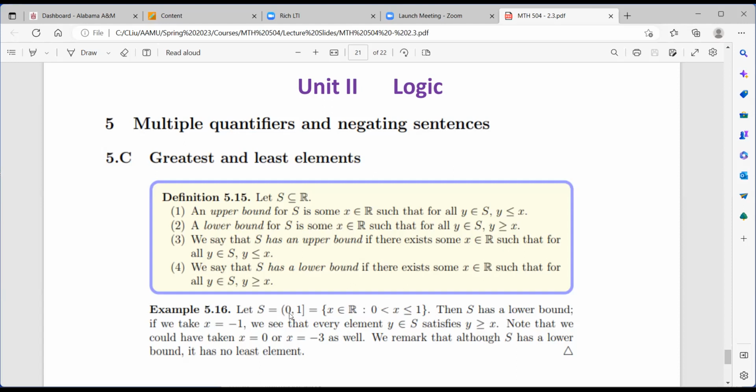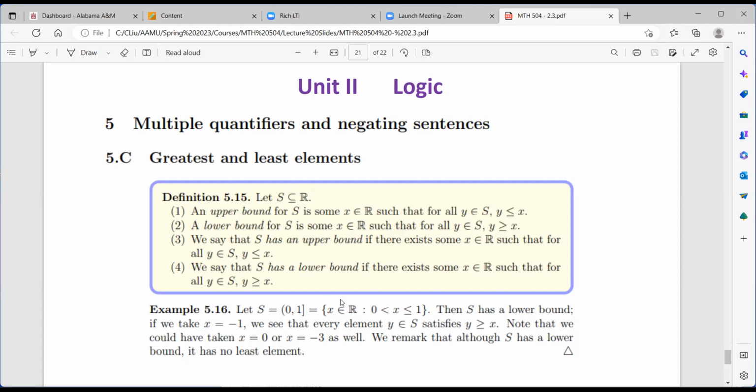You may say 0, but 0 is not in the set, and any number greater than 0 and less than or equal to 1 will be in this set, but you can always find another number less than that number.